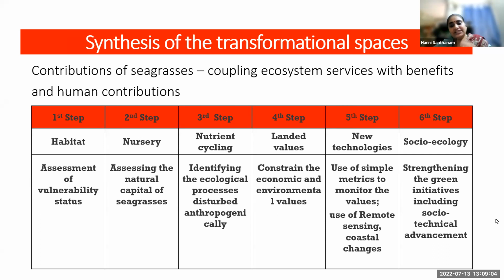Here, the use of remote sensing and advanced techniques are also very helpful. So the socio-ecology of this whole space, this transformational space, is very important to understand the benefits that humans derive from these ecosystems.